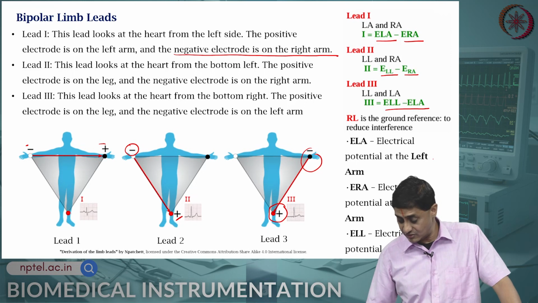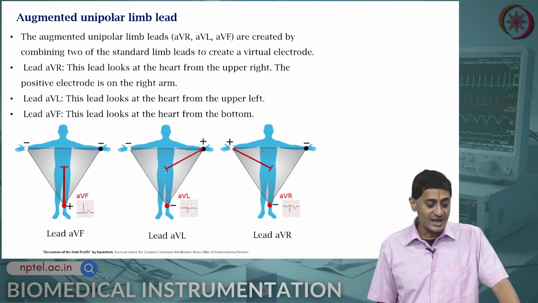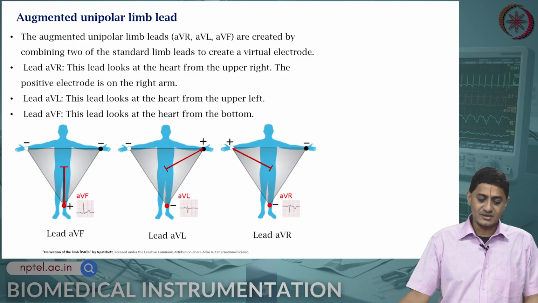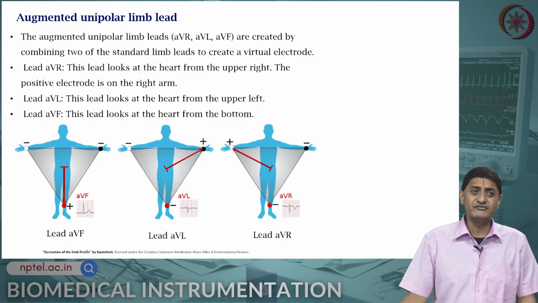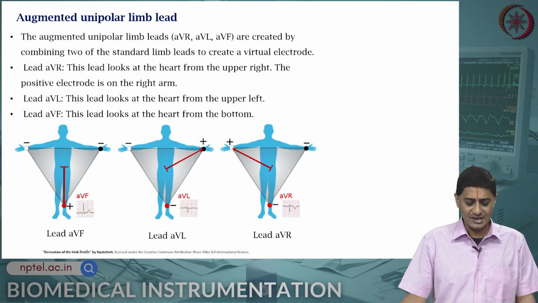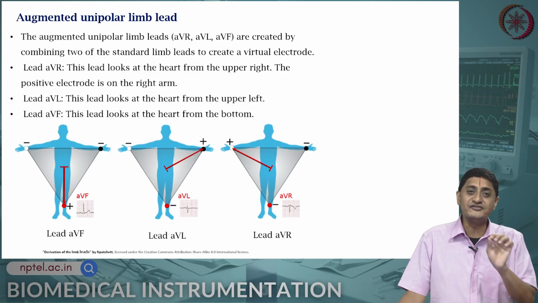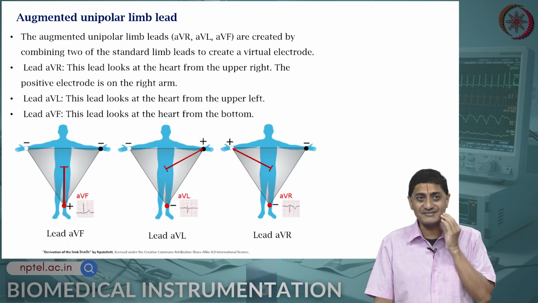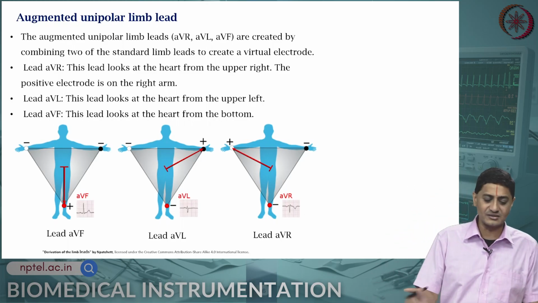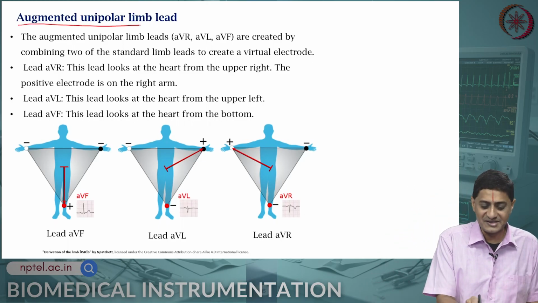But then what I can also do is combine information from all the 3 at a Wilson central terminal and then measure from one of these 3 terminals. That is called the augmented limb lead or the unipolar limb lead.